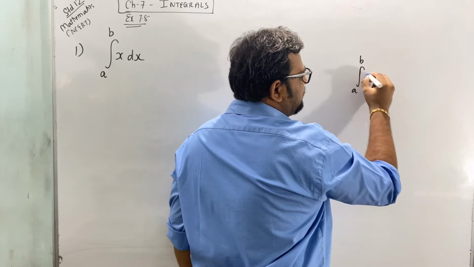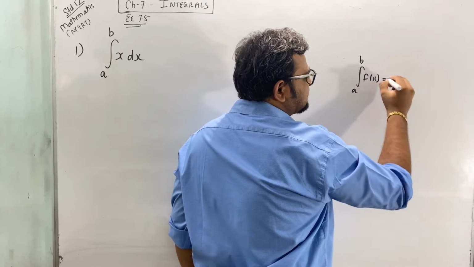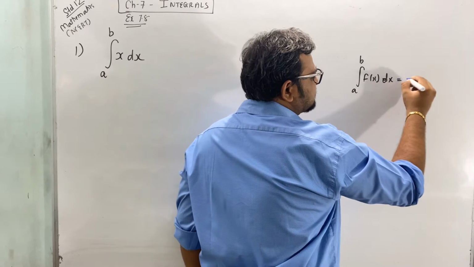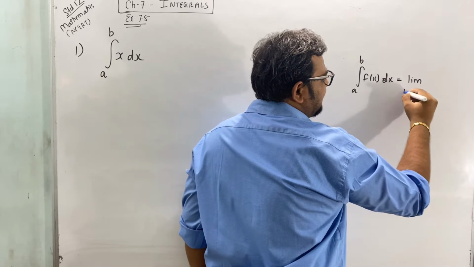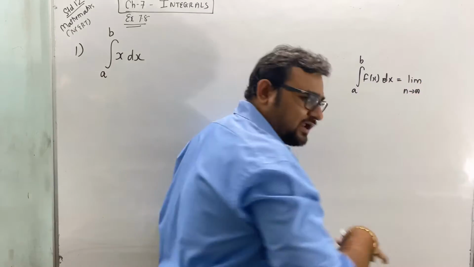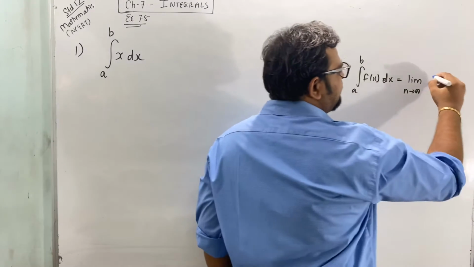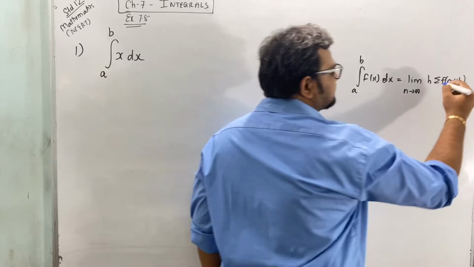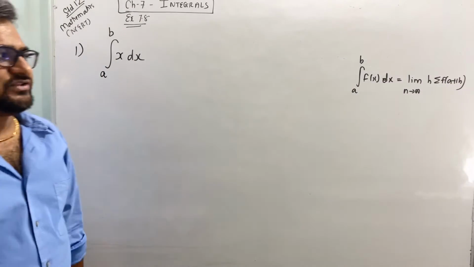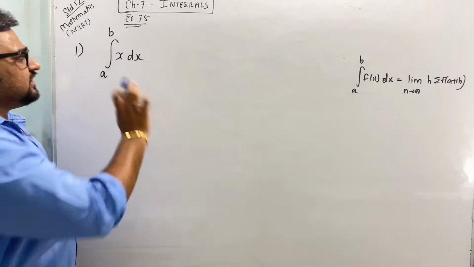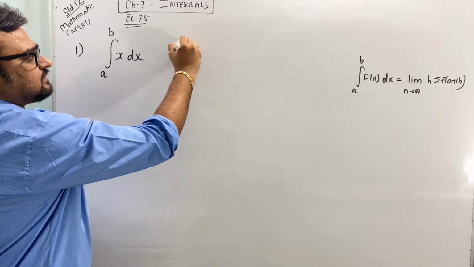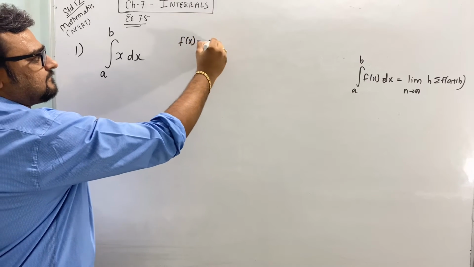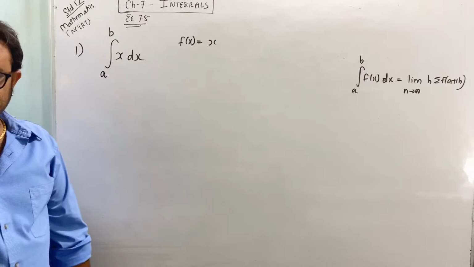Integration of a to b f(x) dx is equal to limit n tends to infinity, or h tends to 0, h summation of f of a plus ih. Now in this question, what is f(x)? f(x) is equal to x.